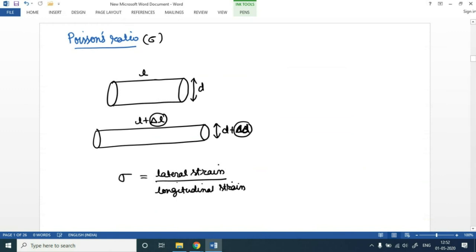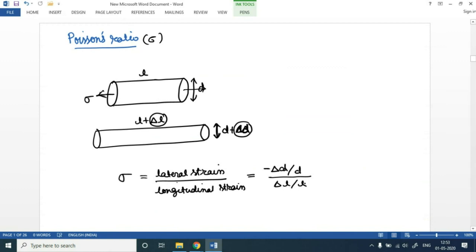For example, if we are applying force in this direction, then along the length it will be longitudinal strain, and along the perpendicular direction it would be known as lateral strain. That would be simply δd by d, and since δd is negative, we write minus δd by d as lateral strain. Longitudinal strain, we have already seen, is δL by L.